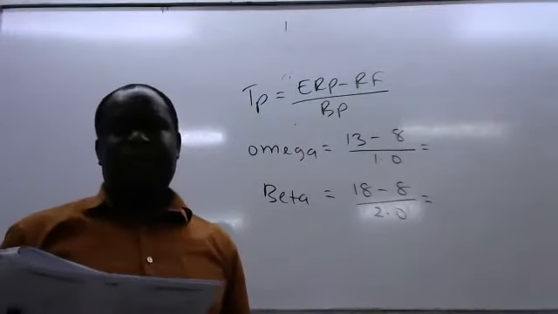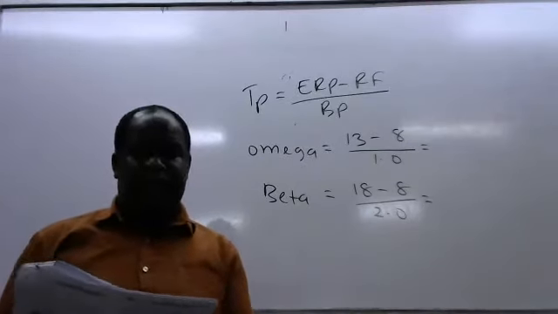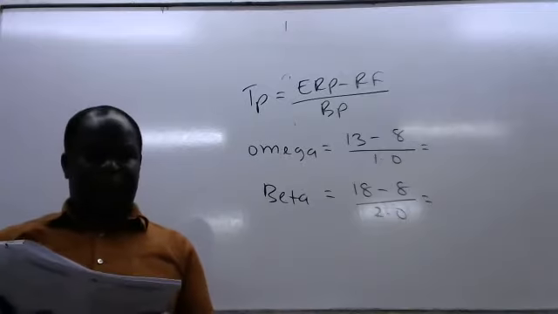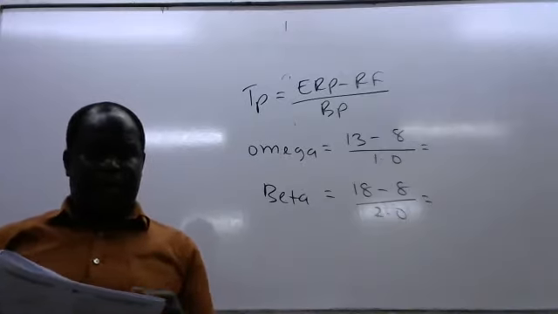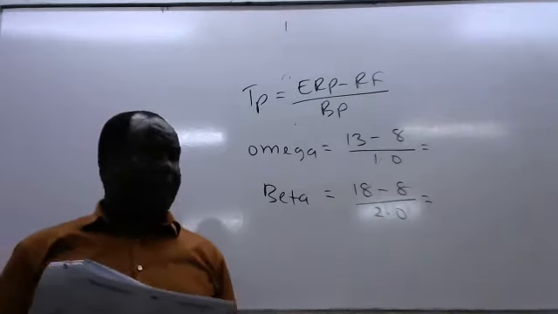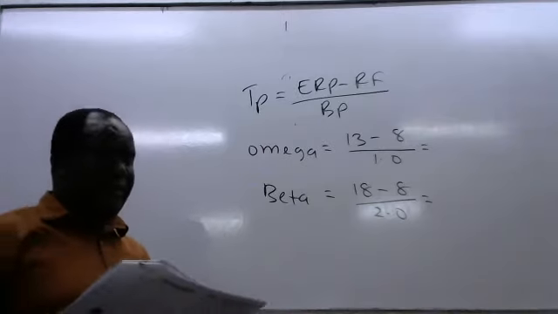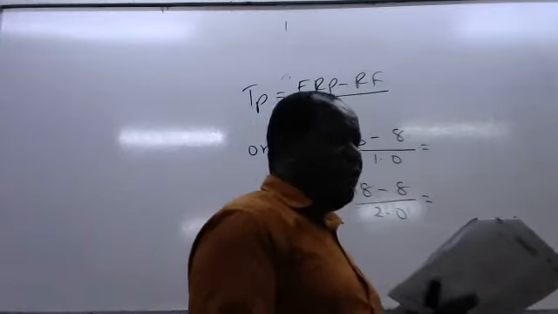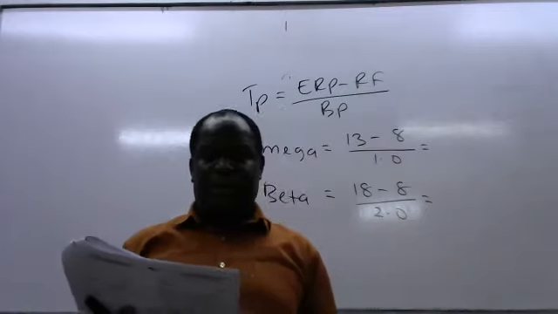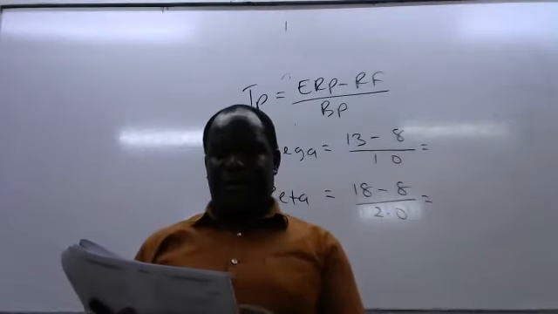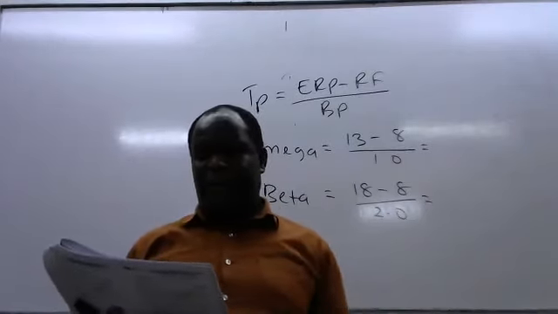You are given portfolios P, Q, R, S, T, U, also the average annual return. You are also given the standard deviation of the average annual return, then the correlation with the market return. Required, rank the performance of the above portfolios.